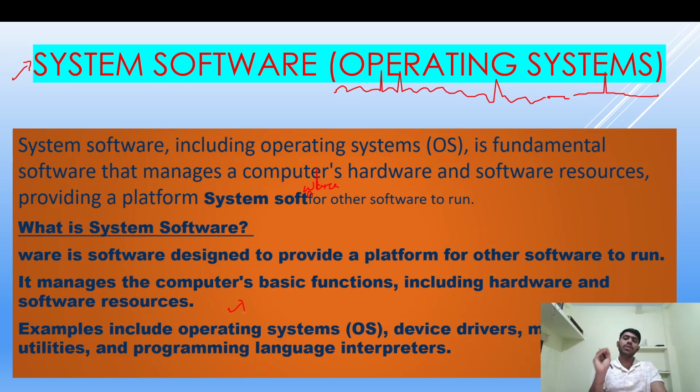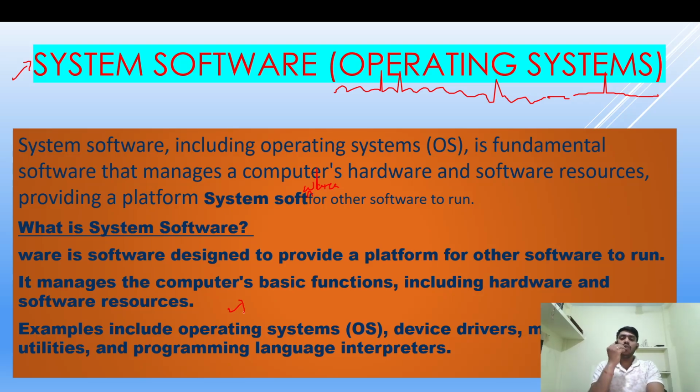Examples include operating systems, device drivers, middleware, utilities, and programming language interpreters. Operating systems are one kind. Device drivers: we load different kinds of device drivers for every device, like a printer, a network adapter, or a router. Everything has some device driver.